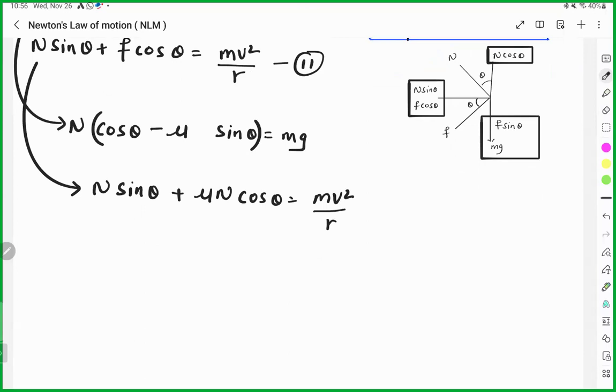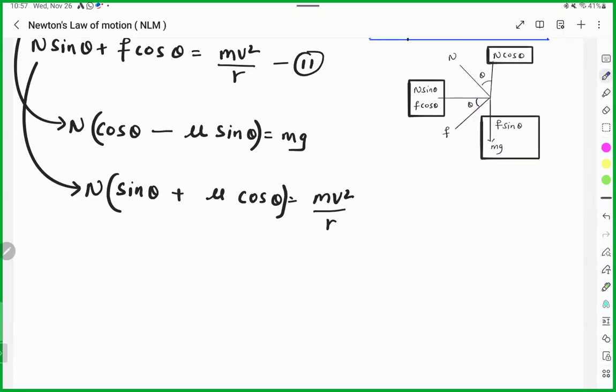Yes or no? Any doubt? I just took n as the common value. Understood? Same thing I can do here. I can remove n from here and n from here, and n will be the common factor. Yes or no? Yes, sir.